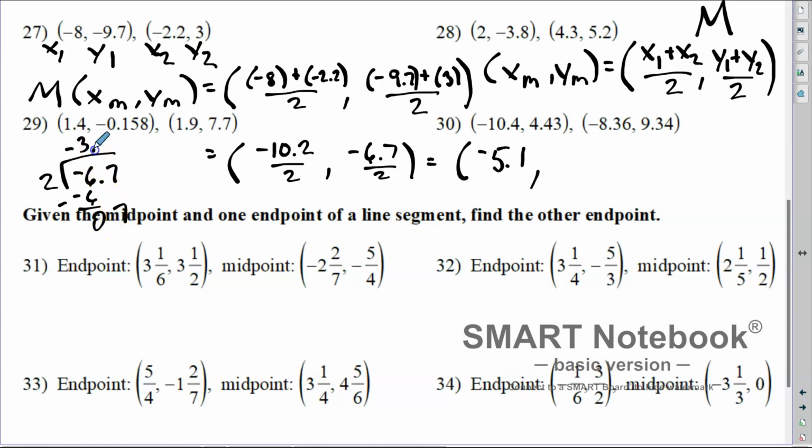Here's the point. 2 goes into 7 3 times. 3 times 2 is 6, which gives me a 1. That's a remainder, so I can bring down an invisible 0. How many times does 2 go into 10? 5 times. 5 times 2 is 10. Subtract, 0. So that's our y coordinate.